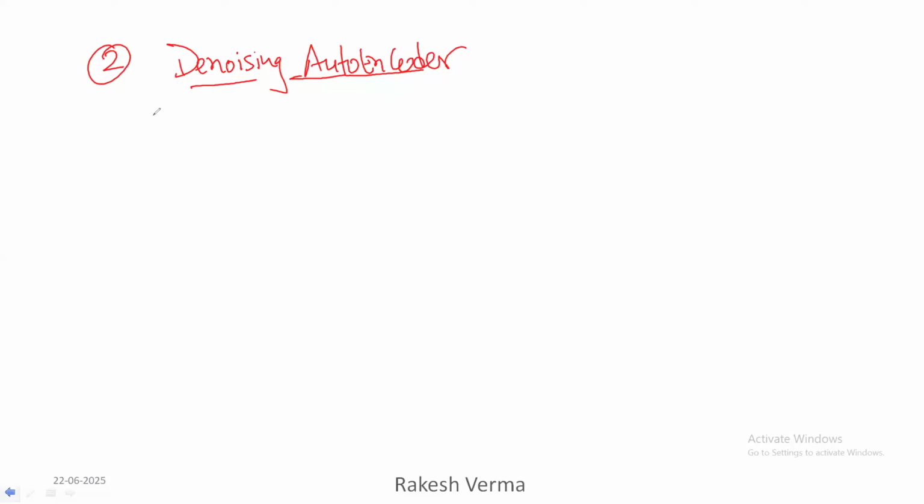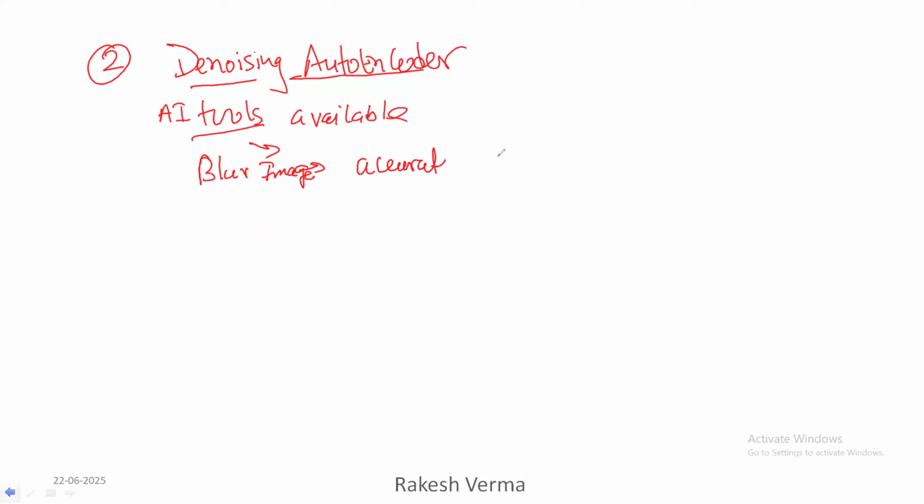Nowadays there are a lot of AI based tools available where, if you give a blur image as input, you will get a perfect or accurate image of the same.